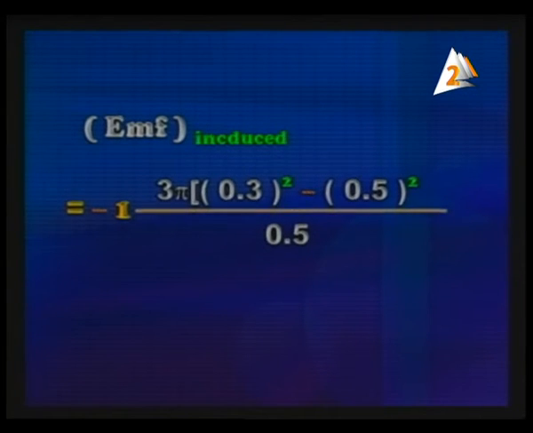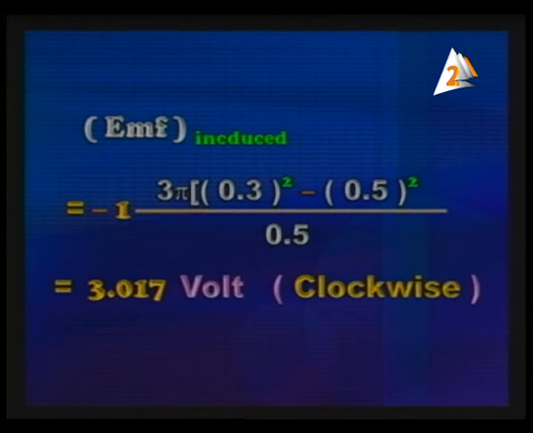It is equal to minus 1, 3 pi between two brackets, 0.3 squared minus 0.5 squared, over 0.5. The EMF is equal to 3.017, and its direction, as I said, is clockwise.